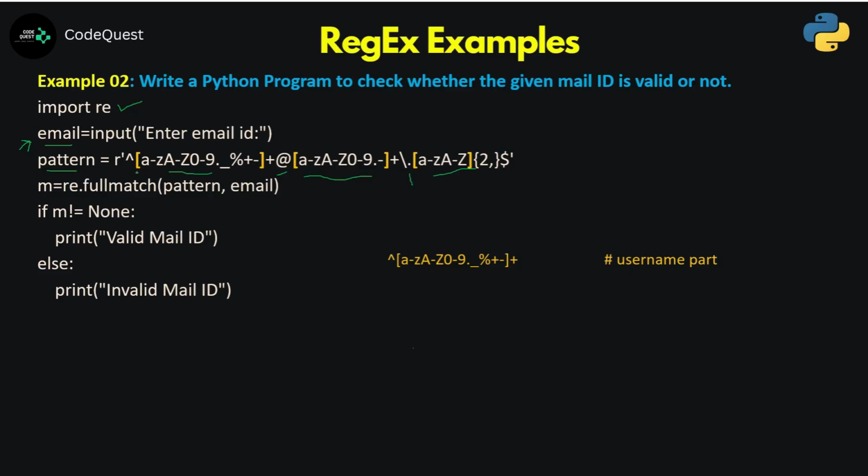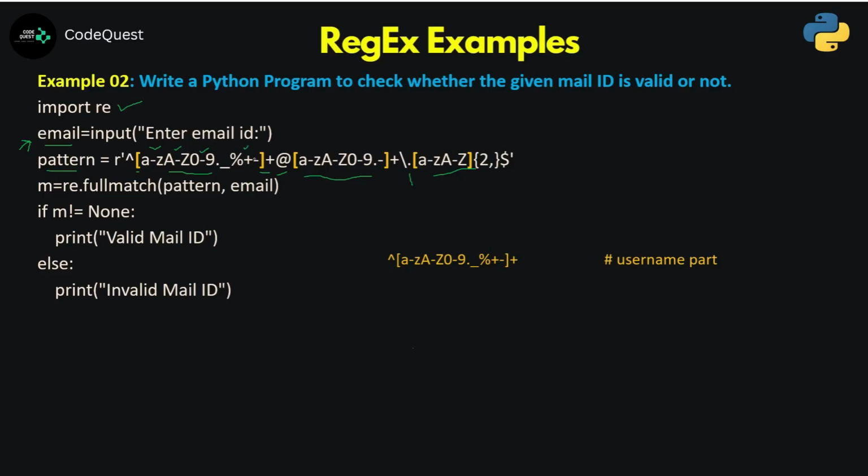So we have made the first part within these square brackets, which indicates that any of the combination is considered. So what combinations are allowed here is you may take lowercase alphabets, uppercase alphabets, you may include some digits, and you may include some plus, minus, underscore, and dot.